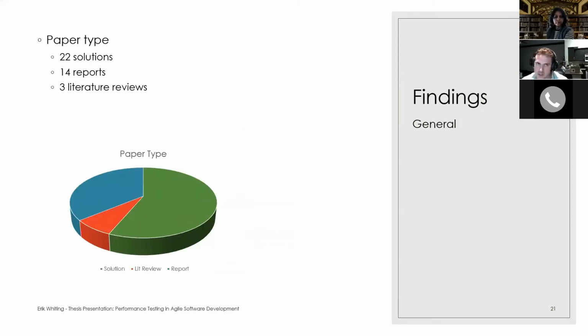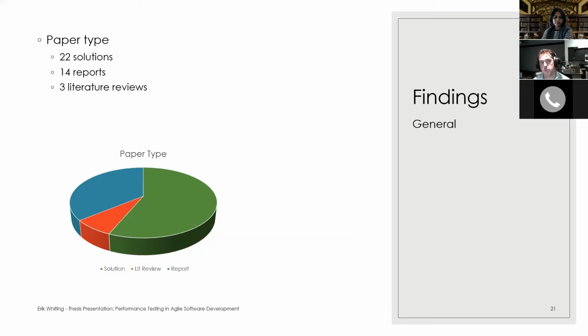So one of the first things that we noticed from the literature review was 3 of the 39 papers were also literature reviews. 14 of them were just regular reports, where a team or a researcher talked about how a team tried to implement a new process of performance testing or some other kind of testing in Agile, and they just wanted to talk about it.